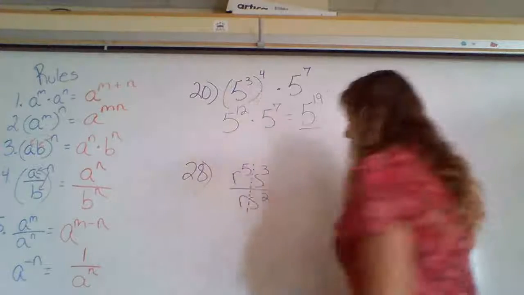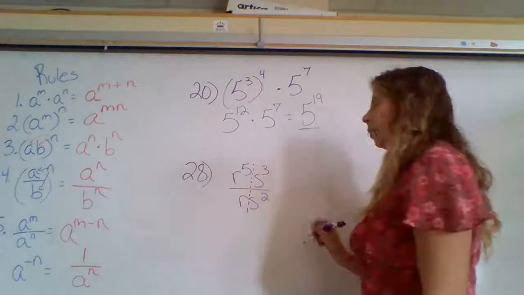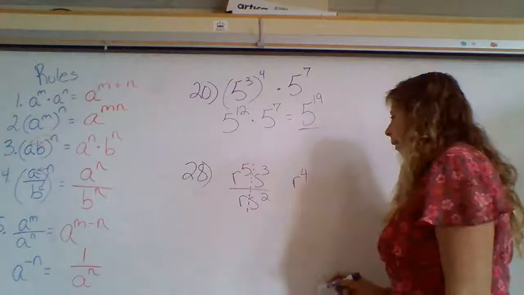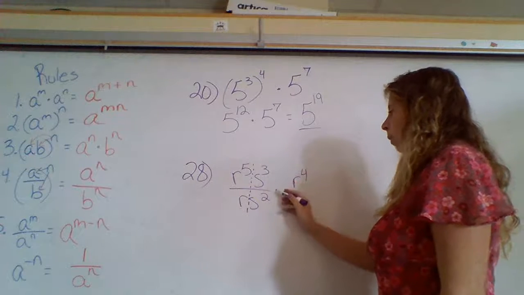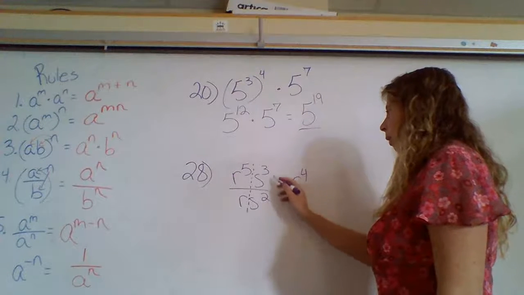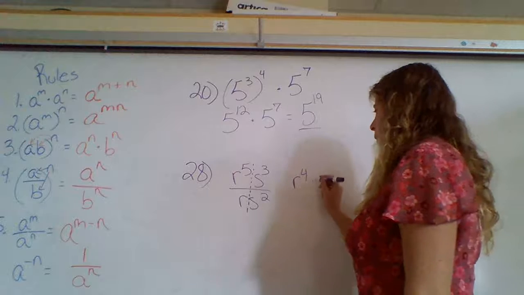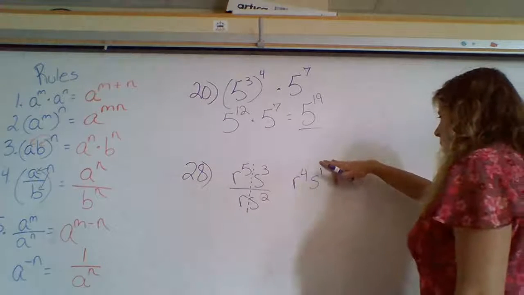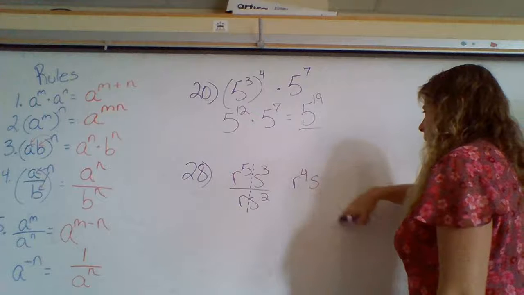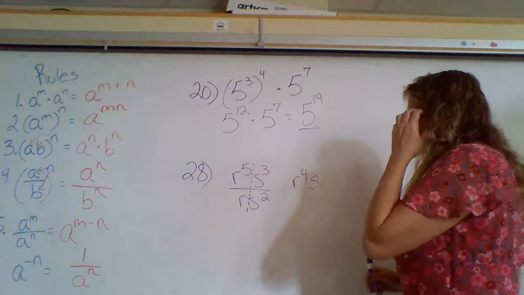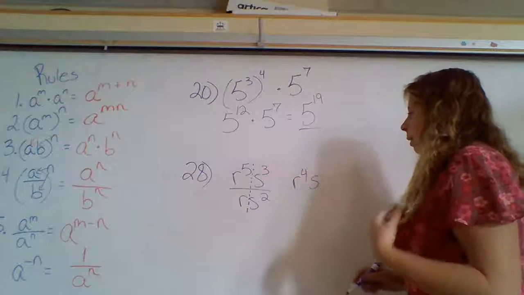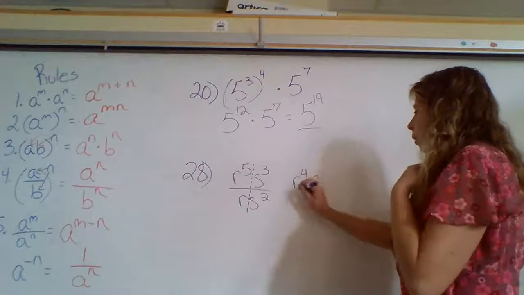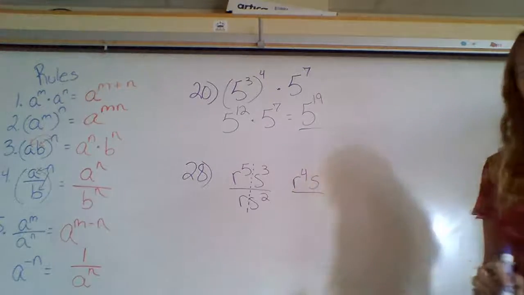So R to the 5th minus R is R to the 4th. And then you have S cubed divided by S squared. So 3 minus 2 is just S to the 1st power, which is just S. Okay, so make sure you're doing this only with the same bases. They have to have the same base. So that would be your answer. Leave it like that. All right.